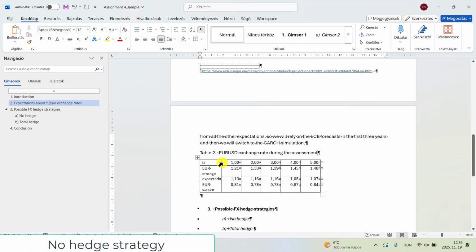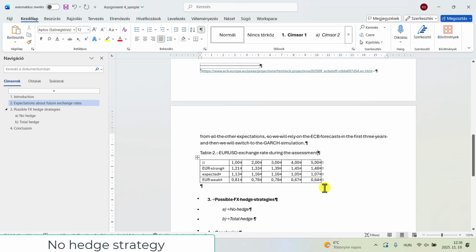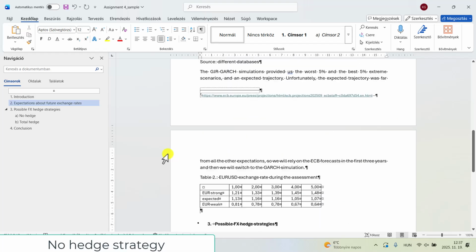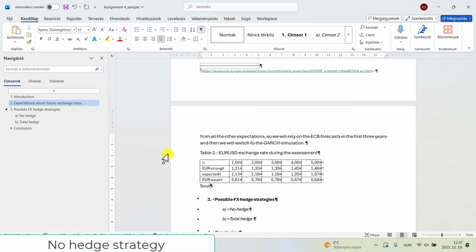So now you can also calculate with that one in your assignments, or you can explore other exchange rates as well. Just in this case you have to highlight why it was better to use. So source ECB and authors, Monte Carlo simulations.